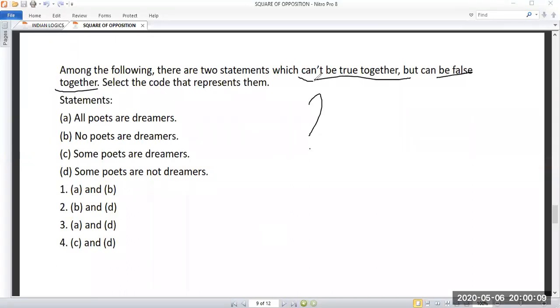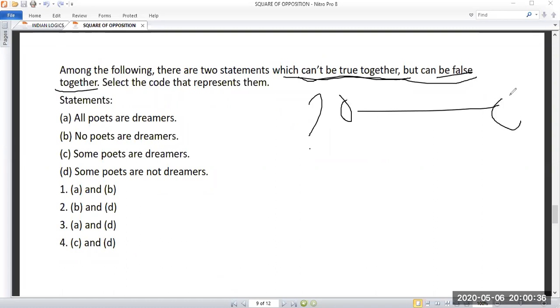Both cannot be true together but can be false together. This is contrary. So what are the conditions in contrary?